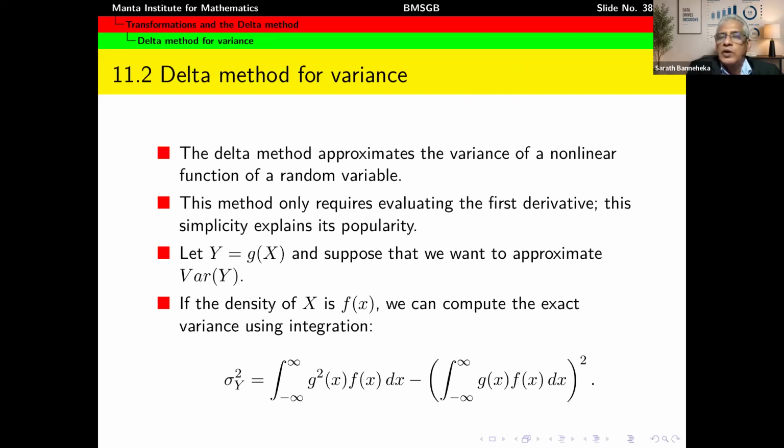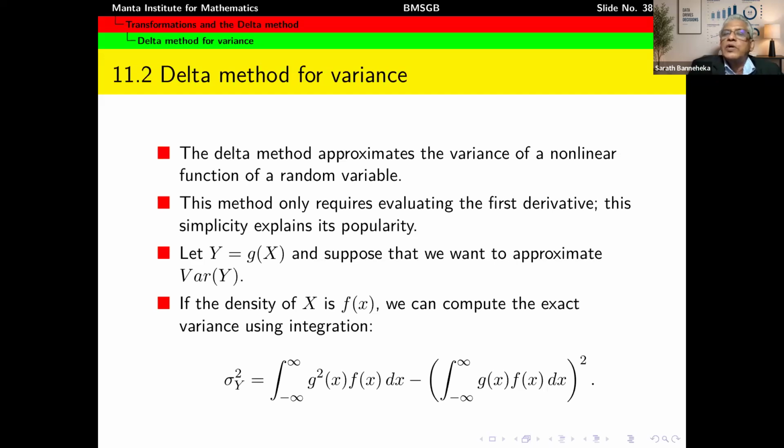If you have a one-to-one transformation from X to Y, we derived a formula to get the probability density function of Y. Either you can directly apply the formula, which can be used only if your transformation is one-to-one. That means either monotonically increasing or monotonically decreasing, not both, right?